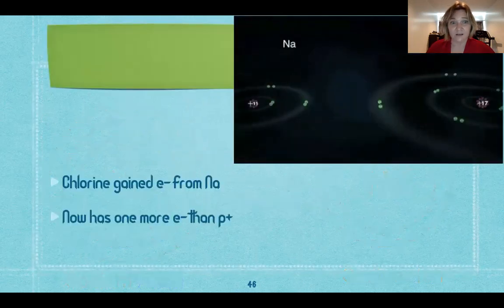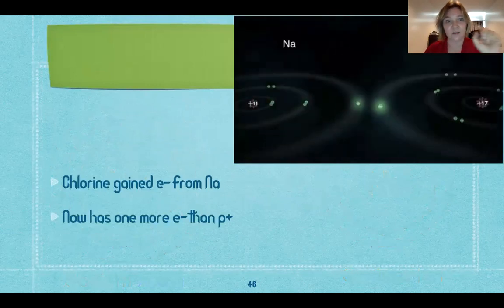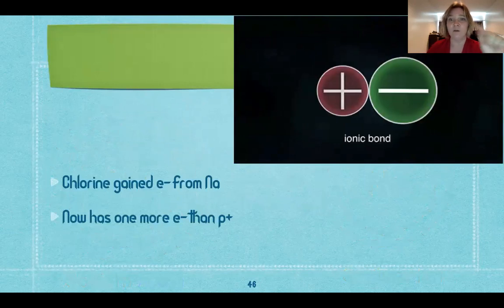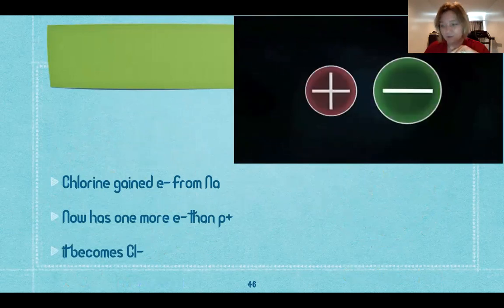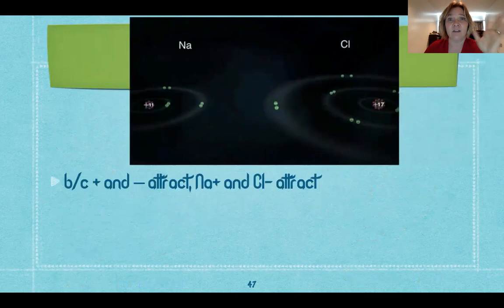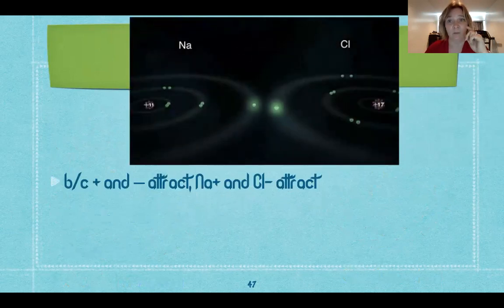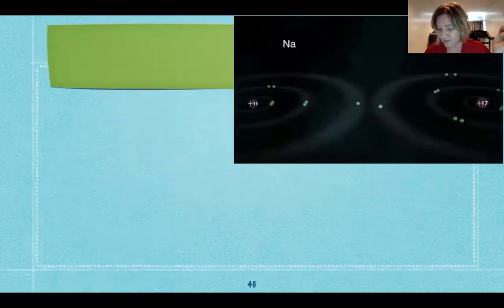Now, the same thing happens, but on the opposite side with chlorine. Chlorine has gained an electron, so it now has 1 more electron than protons, so it takes on a negative charge. The last part of the formation of an ionic bond is that we have now formed 2 ions, a positive ion and a negative ion. And what do we know about positive and negative?